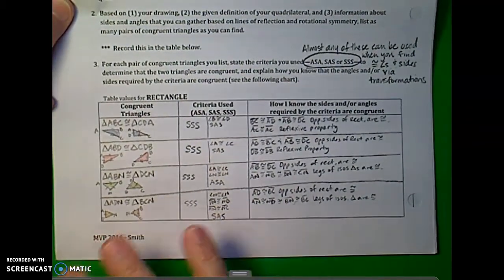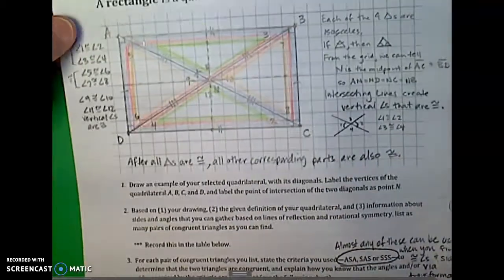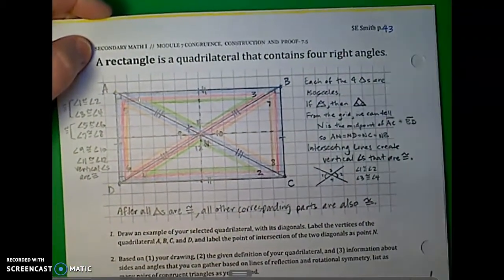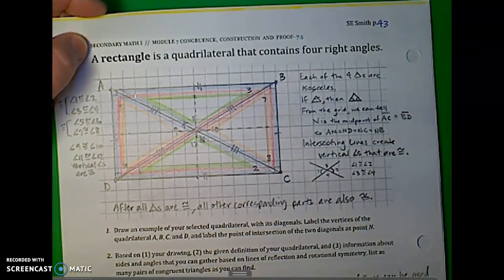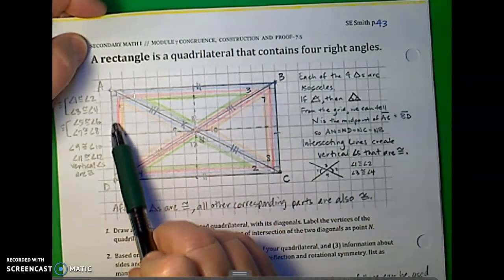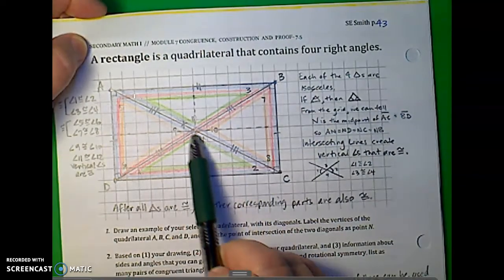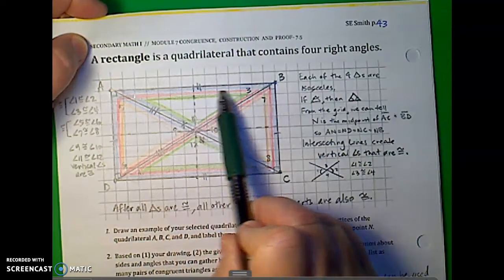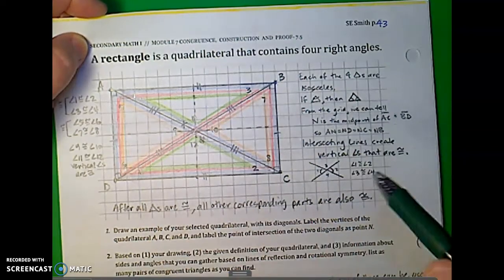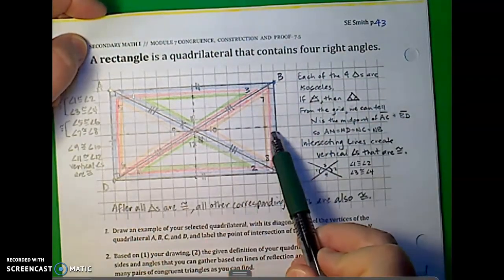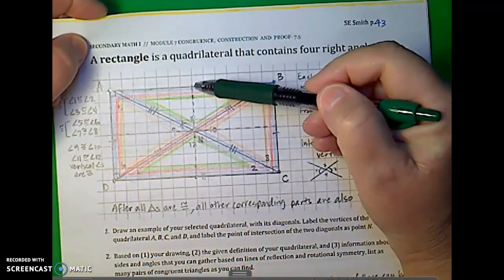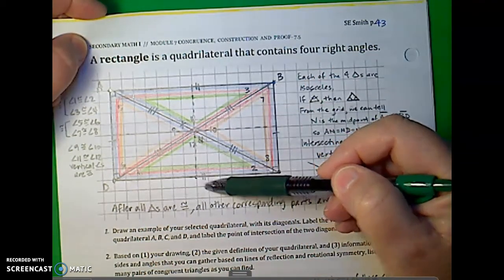I color coded mine because there are so many triangles here. First, let's look at what I've shown in blue. If you can see blue, I've got this big triangle on the bottom left and the big triangle on the top right. I've drawn tick marks on the left and right hand side of the triangle, the top and bottom of the triangle.